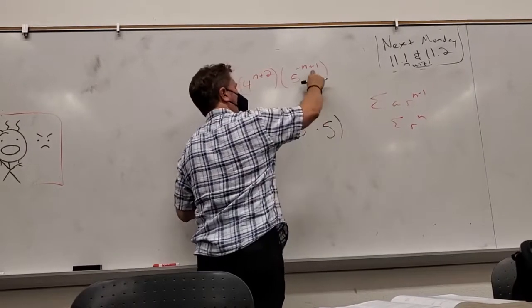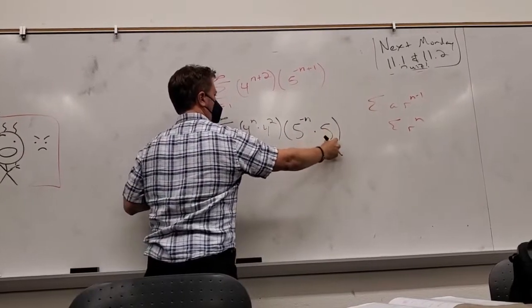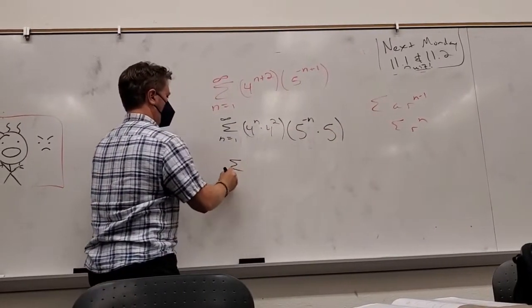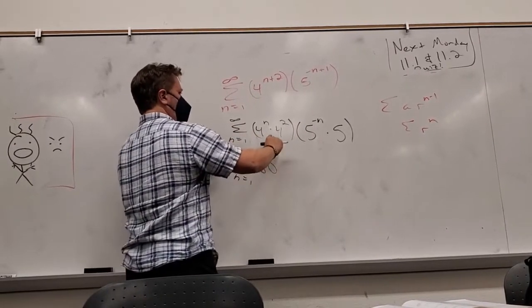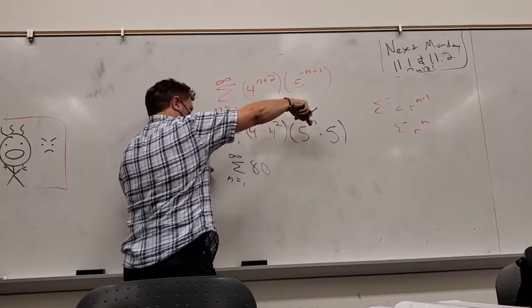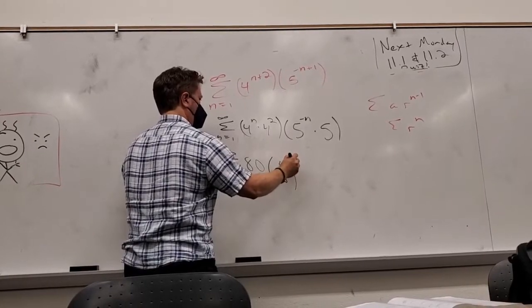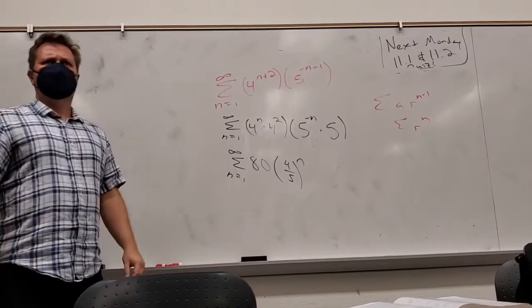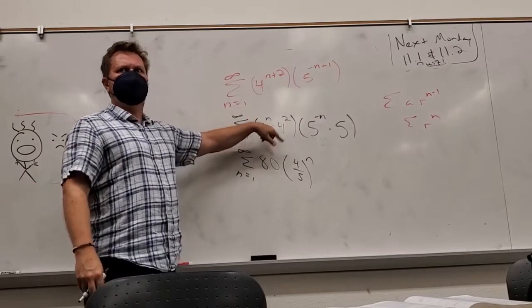You get an extra 5, right? So I get 4 squared times 5. What's 4 squared times 5? 80. And then how do I rewrite this? This, of course, I can put down. And they're both to the n. Is everybody cool with that? 5 to the negative n goes down and becomes 5 to the n, right? Negative power means flip.